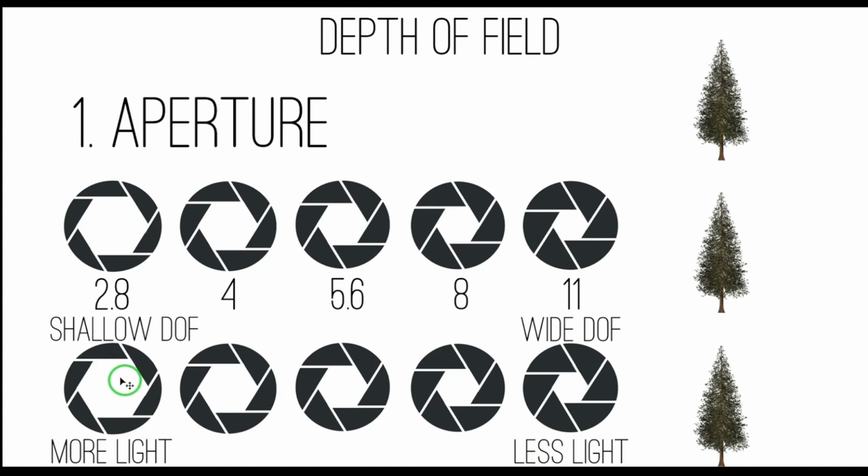However, when it's wide open, you have a shallow depth of field, meaning the field is going to be just a little bit in front of and a little bit behind in focus. When you are at a high number on the f-stop scale, you're going to have a wide depth of field, meaning a lot is going to be in focus in front of and behind your subject.